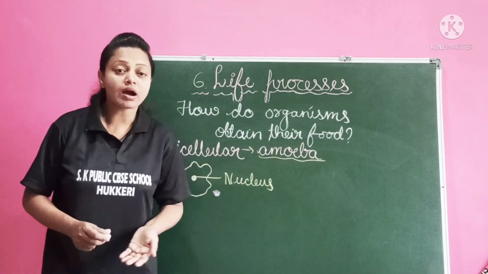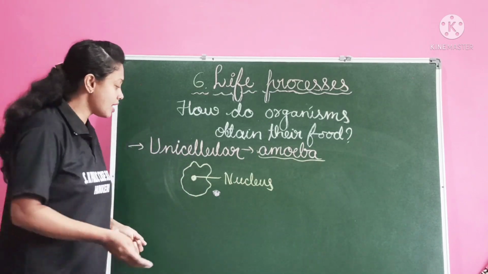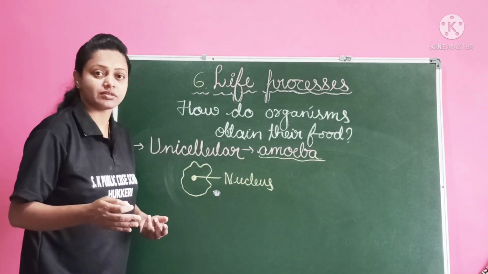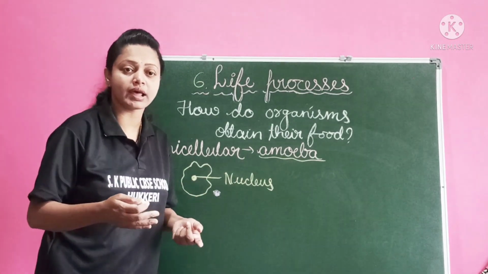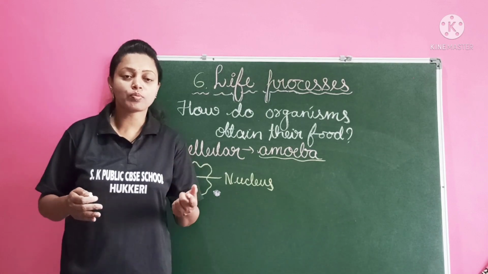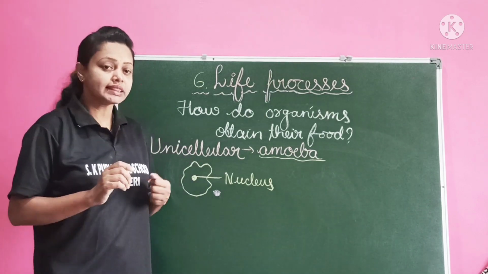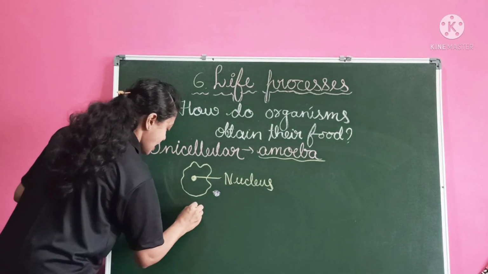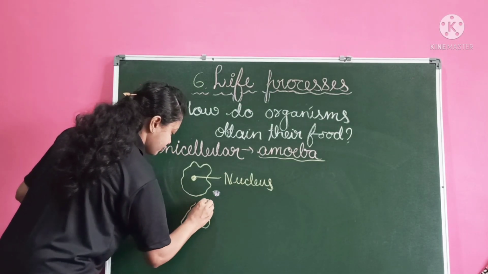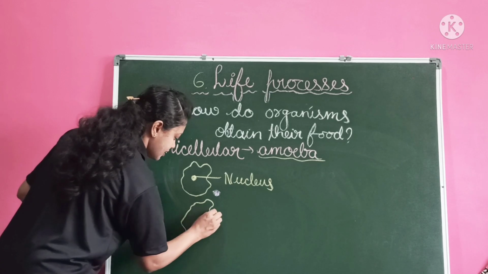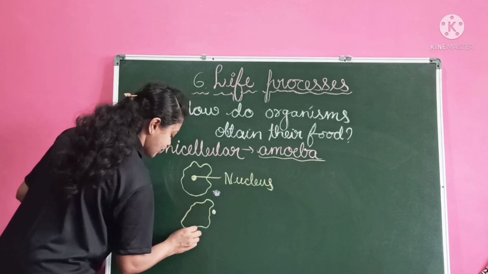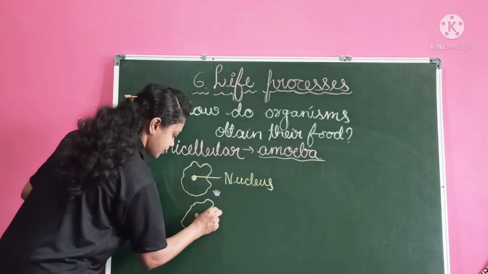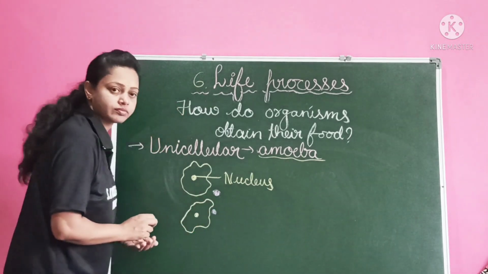Now, what does the amoeba do? Amoeba has false feet, which are called pseudopodia. When the amoeba sees the food, it will create a food vacuole. This is the nucleus. This is the food item.